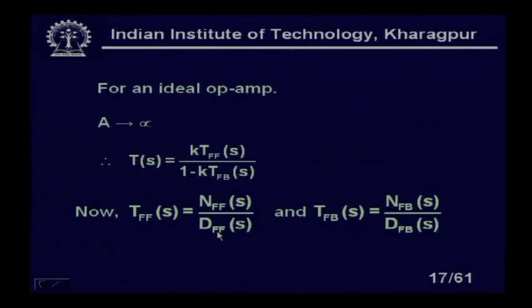Now, TFF(S) can be written as NFF(S) upon DFF(S), that is the numerator and denominator, and the feedback transfer function TFB(S) can be written as NFB(S) upon DFB(S), right. Now we will find that these 2 denominators are the same, that means DFF(S) and DFB(S) are the same. Why?